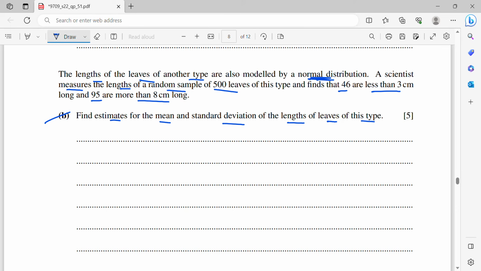Unfortunately, the mean and variance are not given. Okay, so now here I will write Y is normally distributed, mean mu, variance sigma squared. And now the n is 500. So the probability of Y less than 3, okay, less than 3 centimeters. Now you are given 46 is a number of leaves. So now to make it to probabilities, it will be 46 over 500.